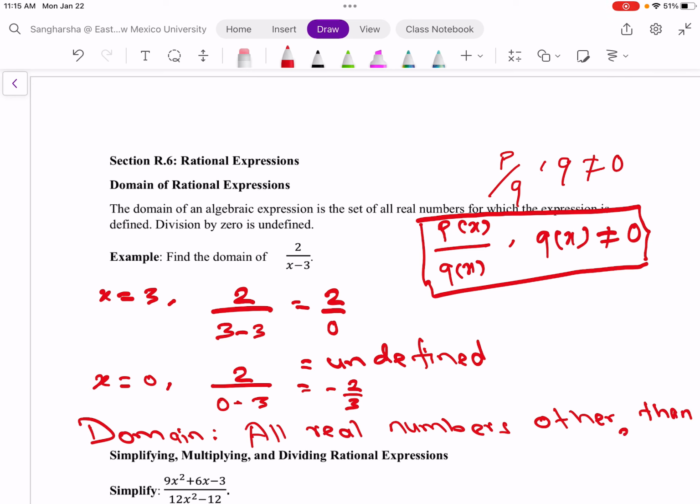Domain are the numbers that make the given expression defined. We'll be talking a lot about function, domain, range, everything. So this is just an example.